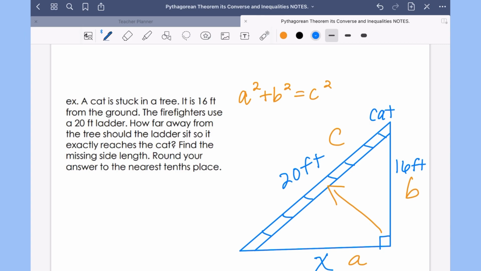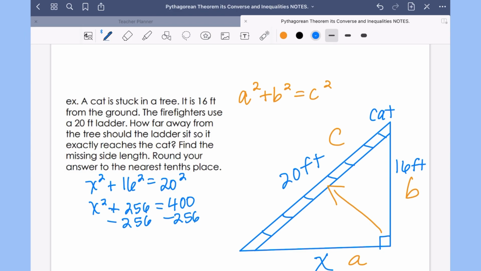All right, come check your work. Keep it balanced.